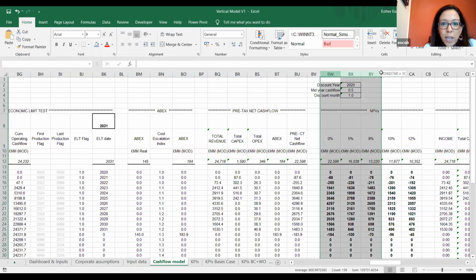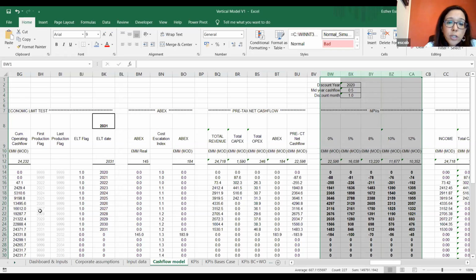We have here different rates of discounted cash flow, which is the investor interest rate for investment. Usually, the normal guidelines for this is using a 10% discount rate. I have seen some others that have been using 8% for this type of project.